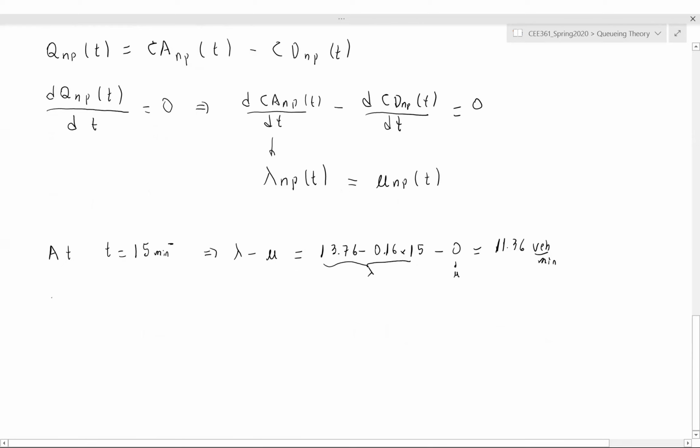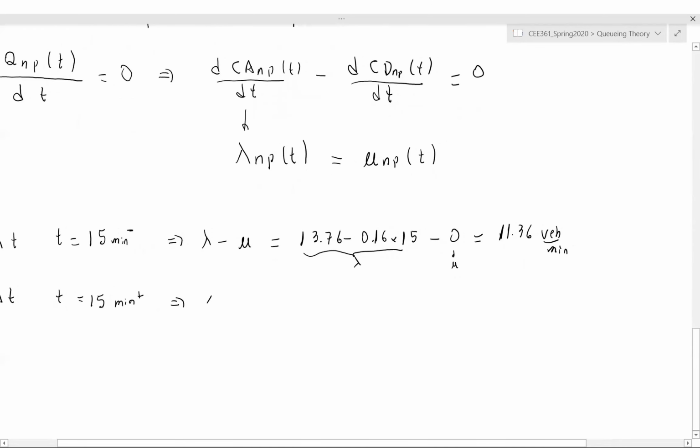And at t equal 15 minutes, but now on the right, so I want to put plus, just slightly beyond that point, lambda minus mu, and this is basically the same thing. You can put 15.00001, that's what I mean by to the right.